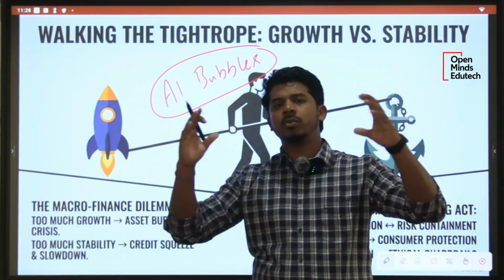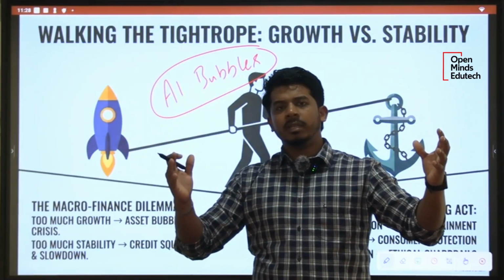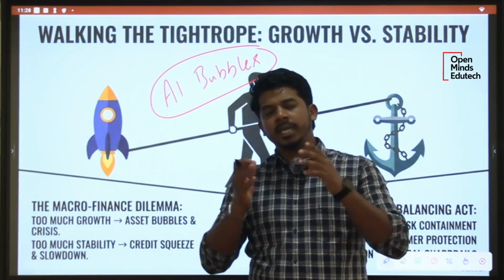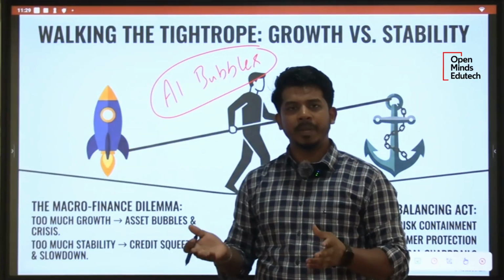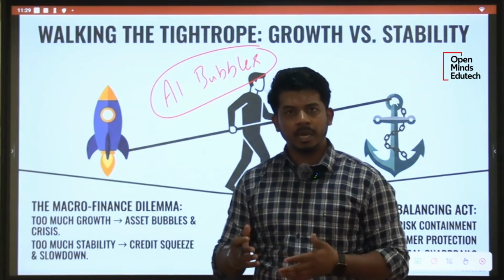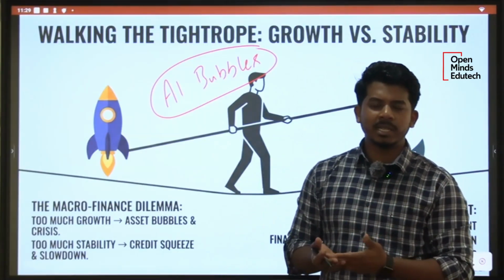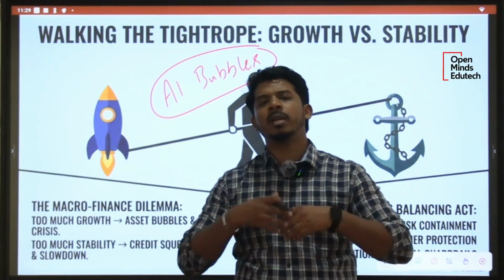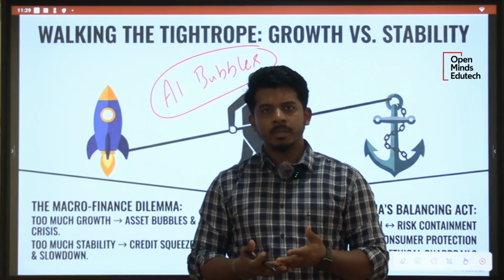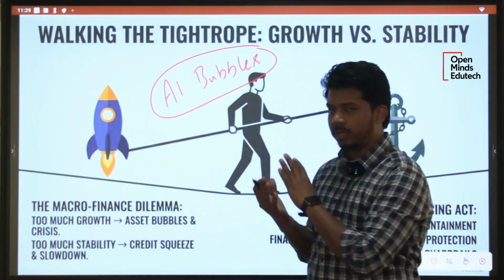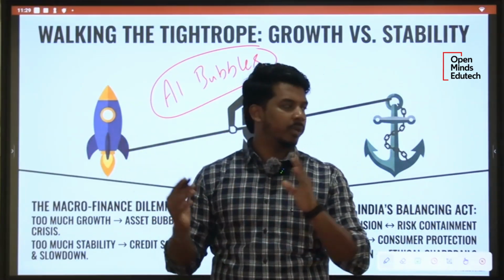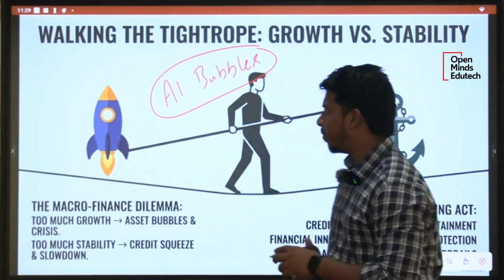The amount invested is too high. What if they do not get the returns they are expecting? What if in future something happens, like a global war, and suddenly the world goes into crisis? We cannot use artificial intelligence like we are using right now. People do not have the ability to pay, and the AI bubble will burst. So you have to balance growth with stability. This is the same for anything.